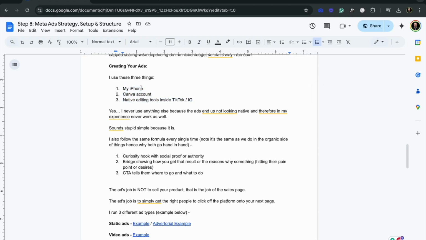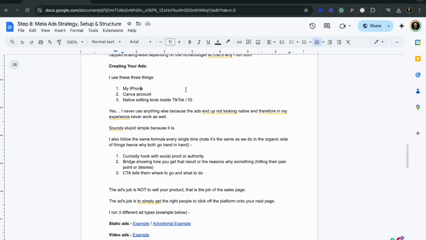Now, they're always going to look like an ad a little bit, but the best ads I run don't actually look like ads. They just look like they fit into the social media platform. Also, I don't have any proof of this, but just from my experience, those ads seem to do better. They get lower CPMs.